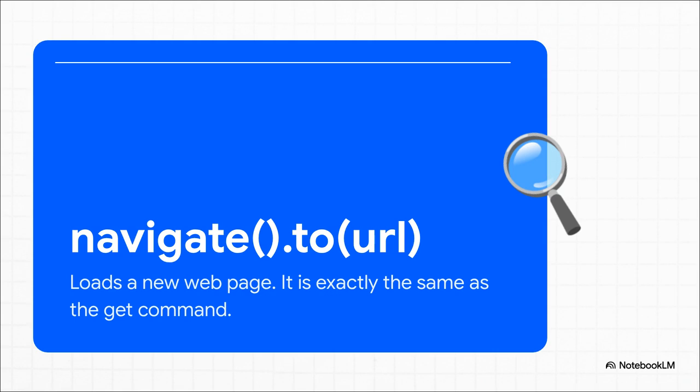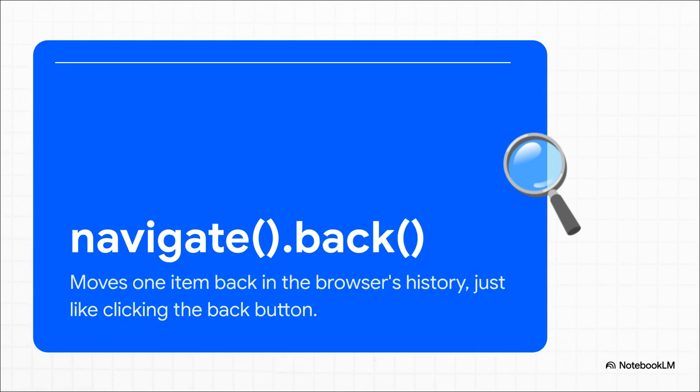Simple enough. But here's the important part, the big clue we're going to come back to. Functionally, it does the same thing as get. Next, there's navigate.back. This does exactly what it sounds like. It takes you to the previous page in your browser's history, just as if you reached over and clicked the back button yourself.